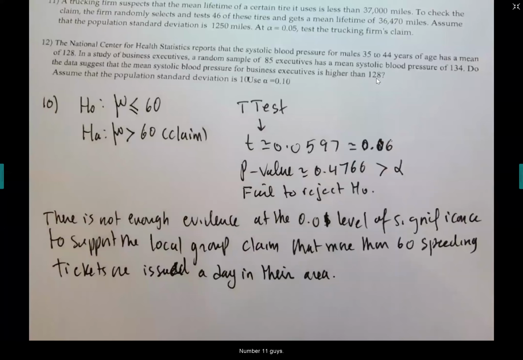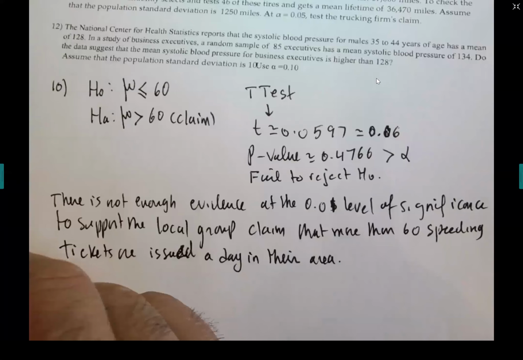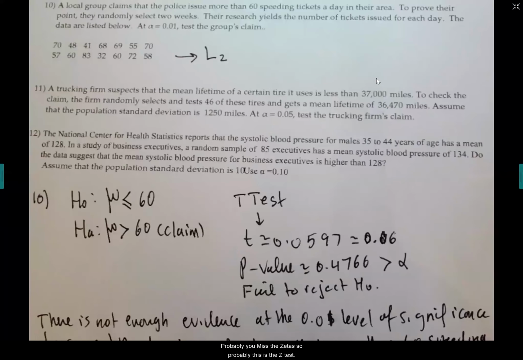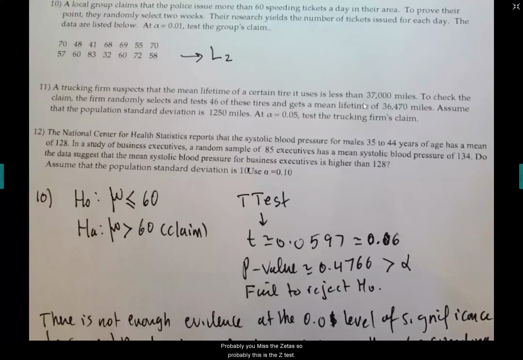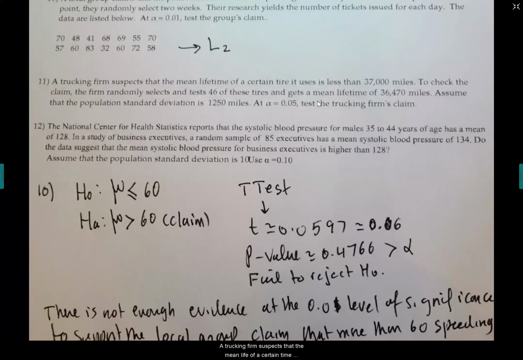Number 11, guys. A trucking firm. Probably you missed the Z test, so probably this is the Z test. A trucking firm suspects that the mean life of a certain tire it uses is less than 37,000 miles. To check the claim, the firm randomly selects and tests 46 of these tires and gets a mean life of 36,470.